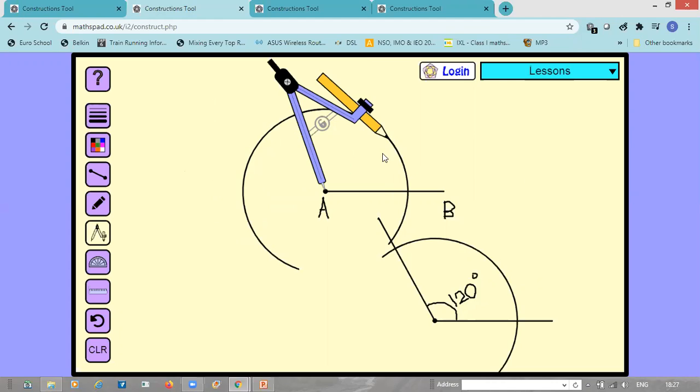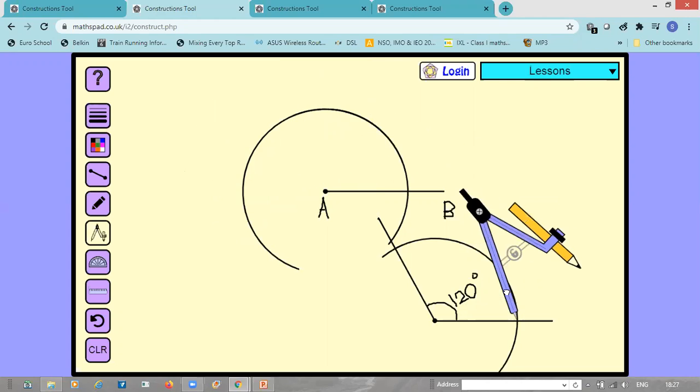Now bring your compass to the point where the arc is cutting the base of the angle, and take the radius of the compass as the length of this point to the point where the arc is cutting the angle.